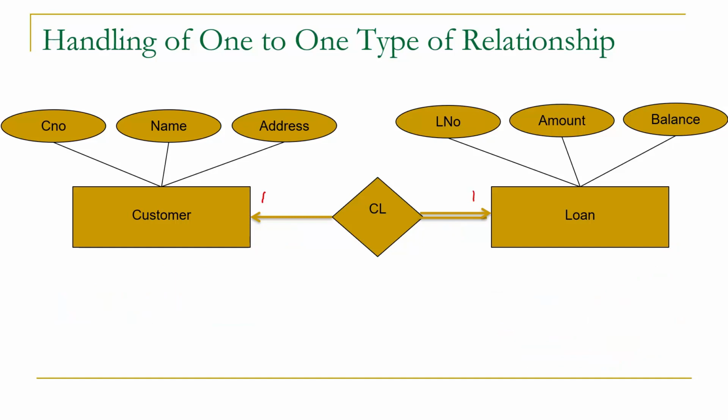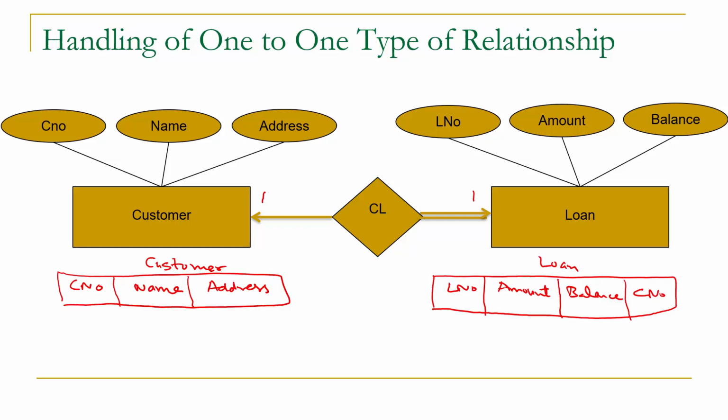This concept can further be explained by creating instances of these tables. So here we have a customer table with three columns, C number, name and address, while the loan table has four columns: loan number, amount, balance and C number, which is the primary key of the partial entity set customer, copied towards the entity set of total participation.